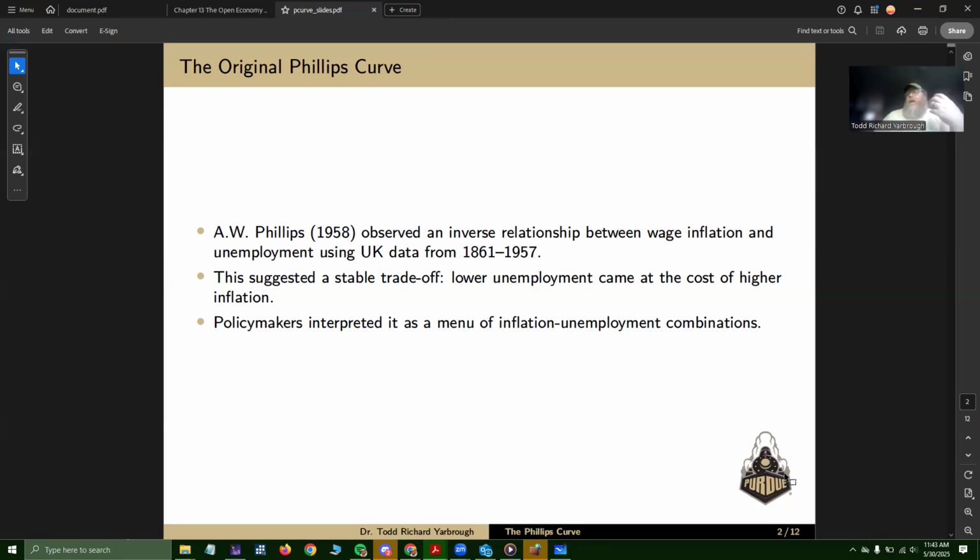Real wages rising also means there's going to be inflation, because firms are now paying more for their employees. This is going to show up in prices. And so we know there's a clear connection between wage inflation and general inflation.